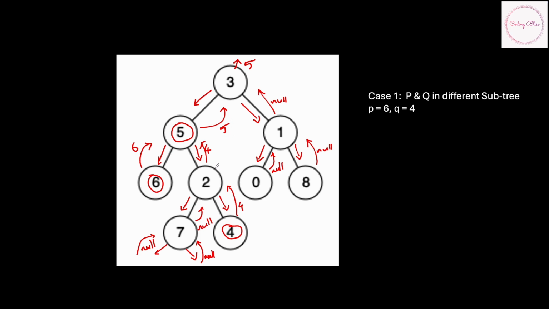If both are not null, then that means this is the divergent node. So you will pass the address of that parent node up, because that is the common ancestor.